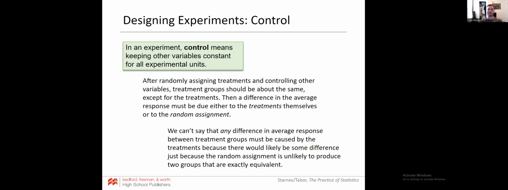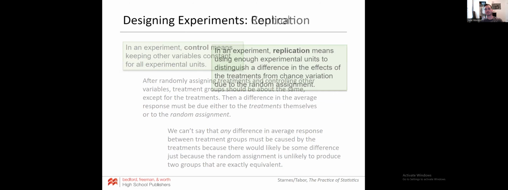So it's not going to always be a perfect, absolutely 100% guarantee experiment. So you can't say any difference is going to be observable, but what we look for in statistics is a statistical difference. Is there a clear and obvious difference between these two groups based on the treatment we gave?